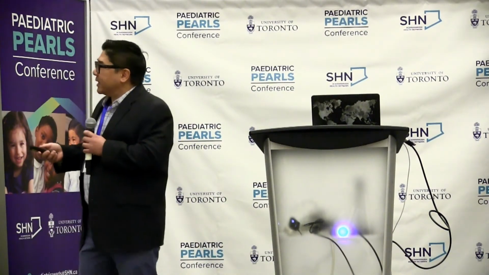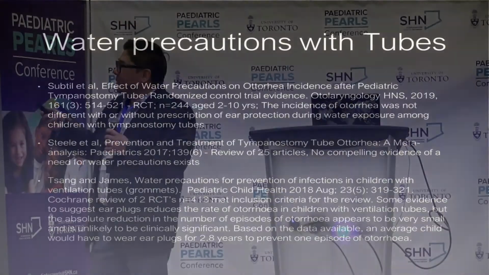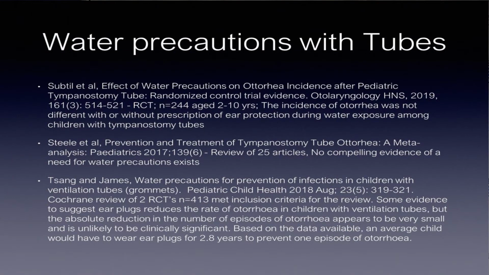So what's the evidence for this? Well, Subtil looked at the effect of water precautions on otorrhea after tube insertion. They did a randomized controlled trial with 244 subjects aged 2 to 10 years. The incidence of otorrhea was not different with or without prescription of ear protection during water exposure among these children with tympanostomy tubes.